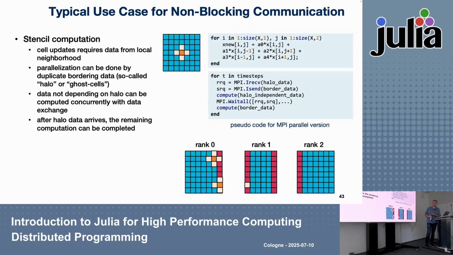One example for this non-blocking communication is if we have a grid where we do some computation, for example, a stencil computation. Therefore, we have this calculation where we have our input data, and we have some output data of the same size.